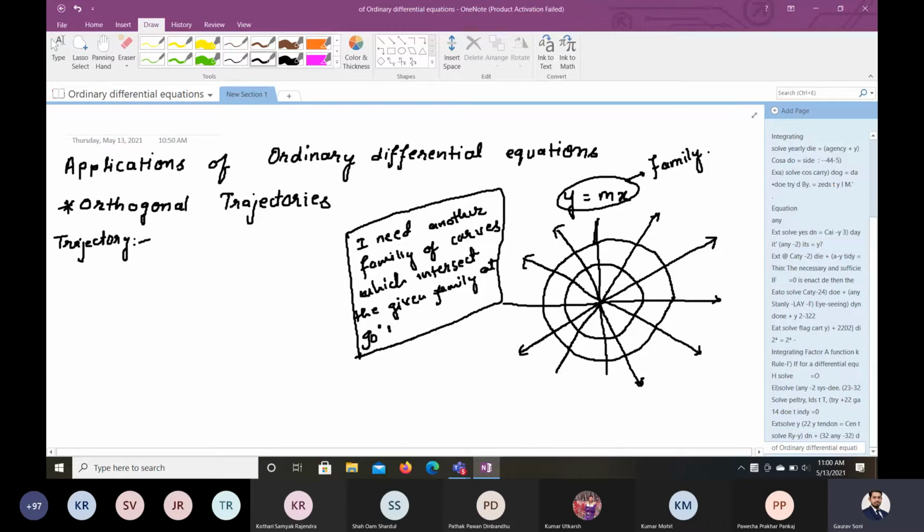Trajectory is the family of curves which intersects the given family according to some law. Okay, and the law may be the new family must intersect the given family at 60 degrees, say, or it must intersect the given family at 30 degrees. And the particular case of this is the orthogonal trajectory.